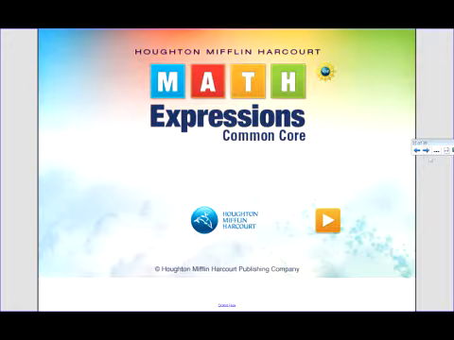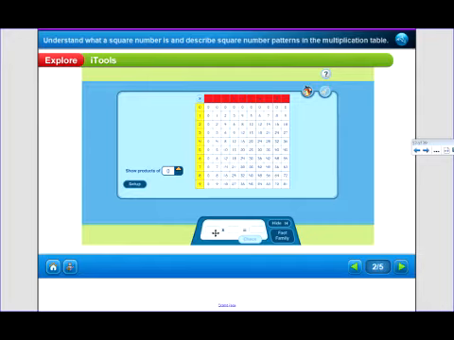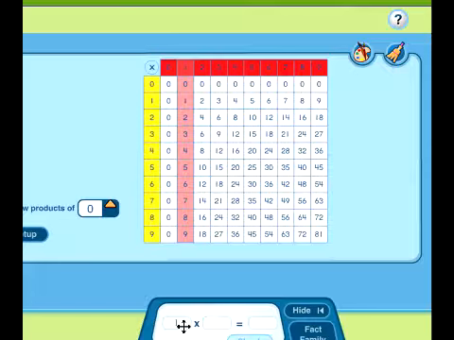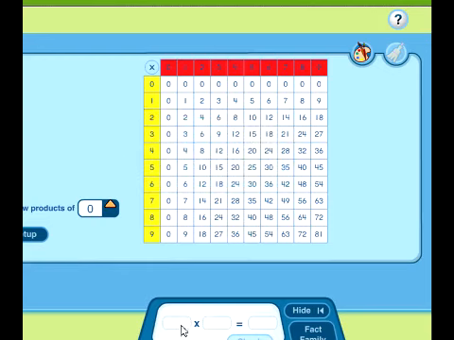Well, this part of the lesson, I want to show you what I mean by that. So I'm going to type in 1 times 1, and notice where it crosses. It crosses over, and 1 times 1 equals 1. We can even check. Terrific. Well, let's try 2 times 2.